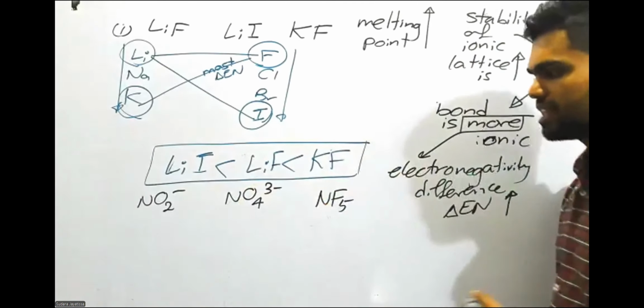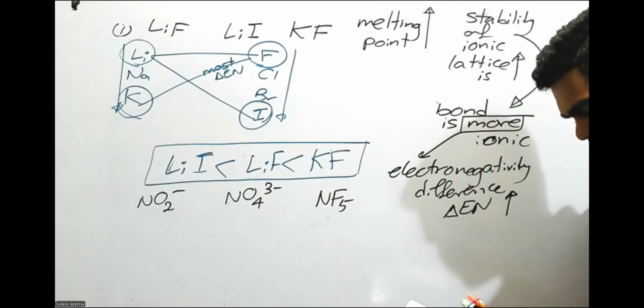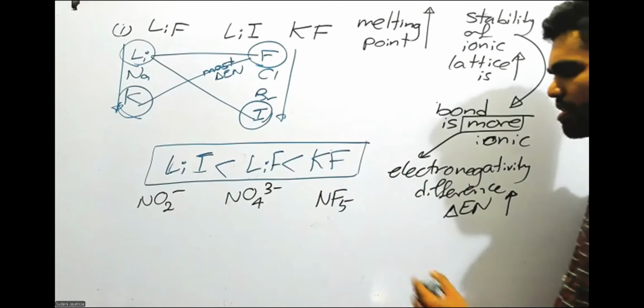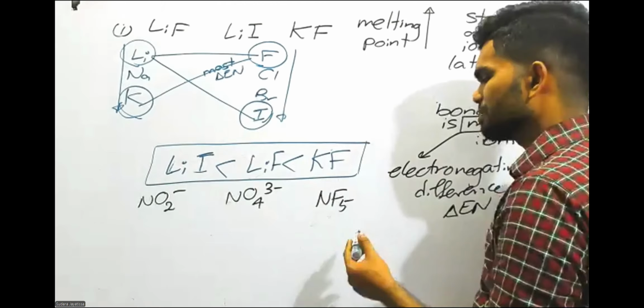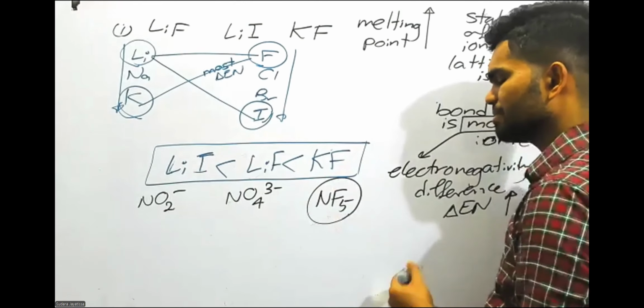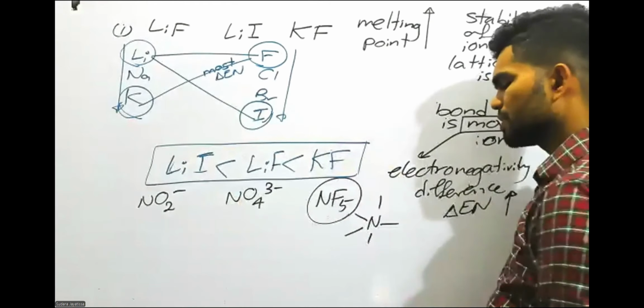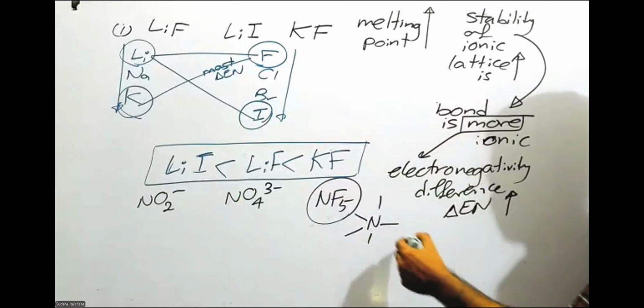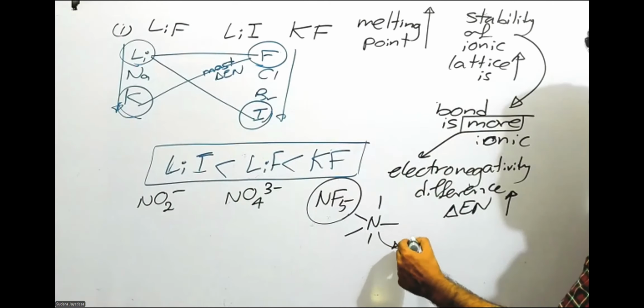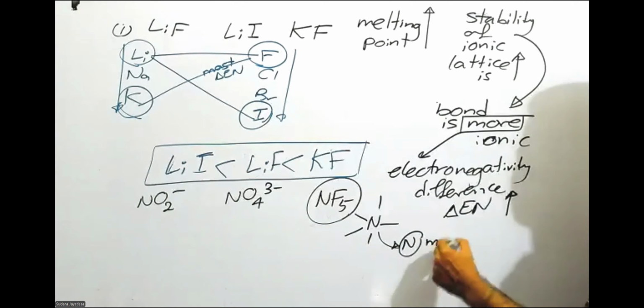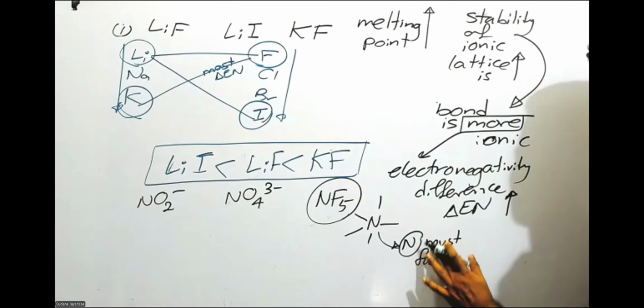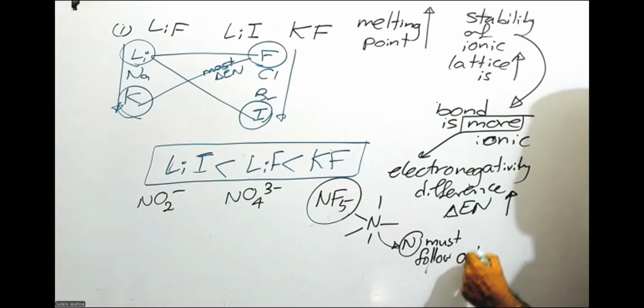So what is going to be the least stable? Or in other words, unstable. NF5 is unstable. Obviously if you try to draw NF5, you have to draw 5 bonds. But this cannot happen. Nitrogen must follow the octet because nitrogen can't keep more than 8 electrons. Why?